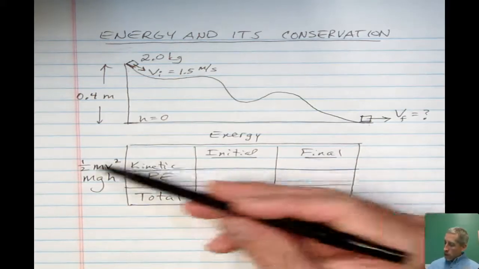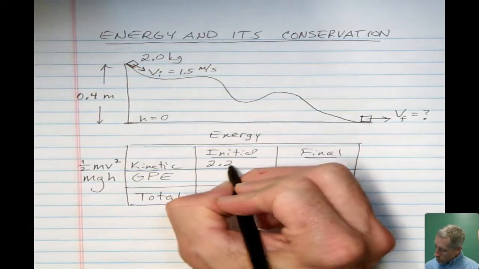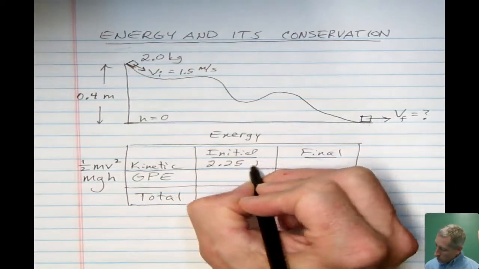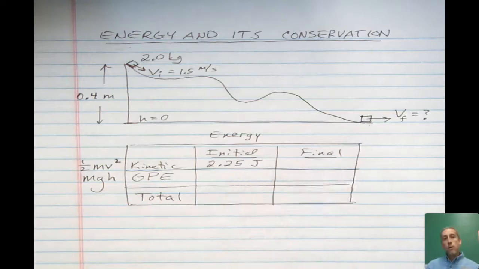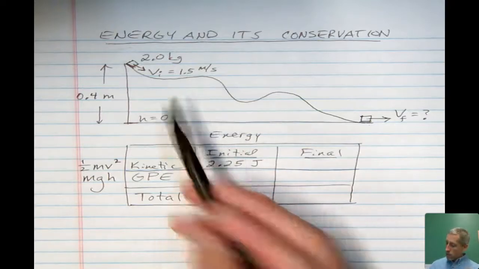and then we'll see how we apply conservation. So kinetic energy, 1/2 mv squared. I did this math earlier. That's 2.25. And the MKS units for energy are joules, equivalent to a kilogram meter squared per second squared. So we'll call it 2.25 joules here at the beginning.